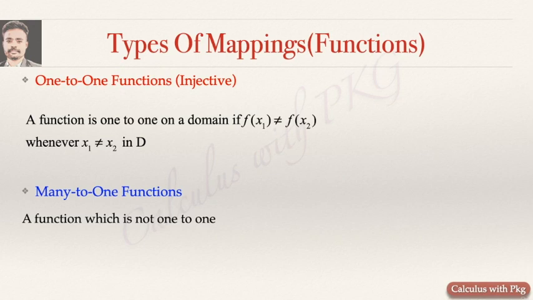So how can we test whether the function is one-to-one? We can test whether a function is one-to-one by a horizontal line test. Let me show you an animation for identifying a one-to-one function.